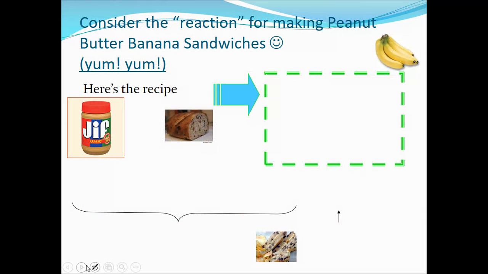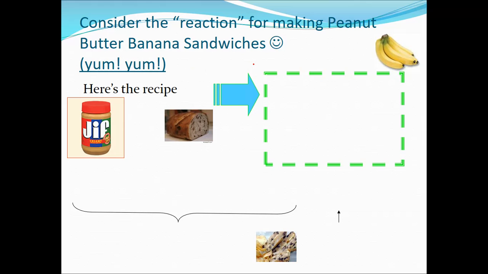Now, before we look at an actual example, I want us to think about a recipe. In this chapter, I've drawn an analogy for the chemical reaction. We talked about the bowl bridge, and I said a chemical reaction is very much like a recipe. So if we consider this quote-unquote reaction for making a peanut butter banana sandwich.